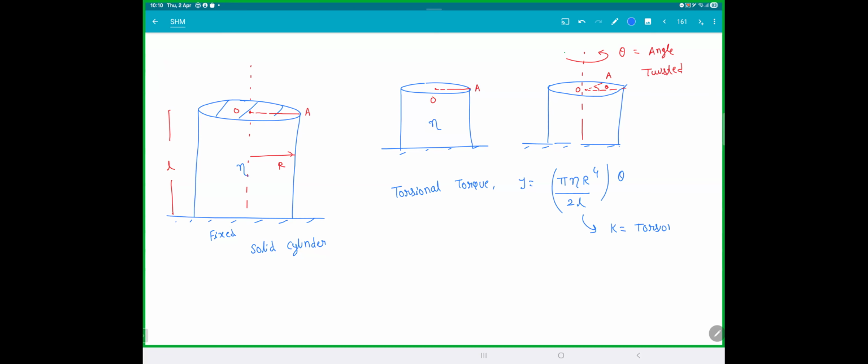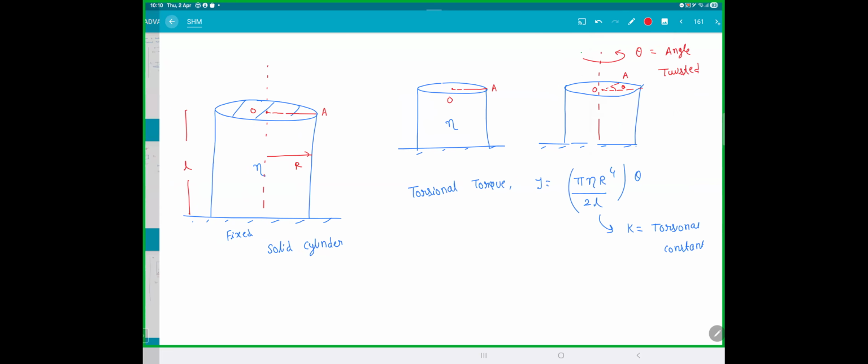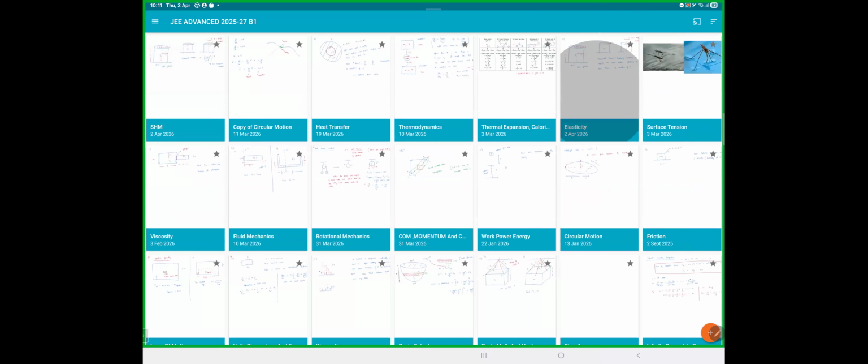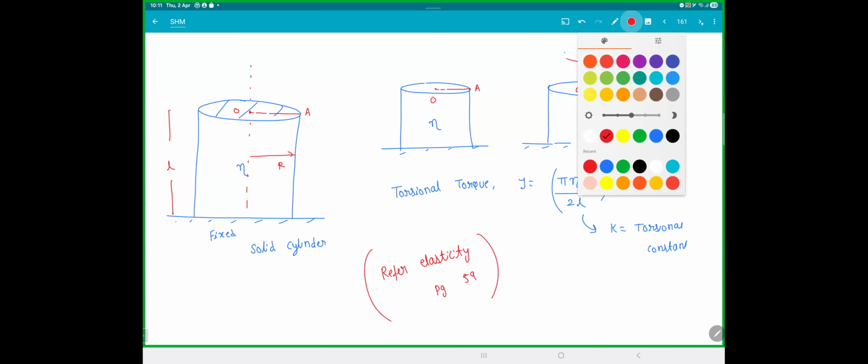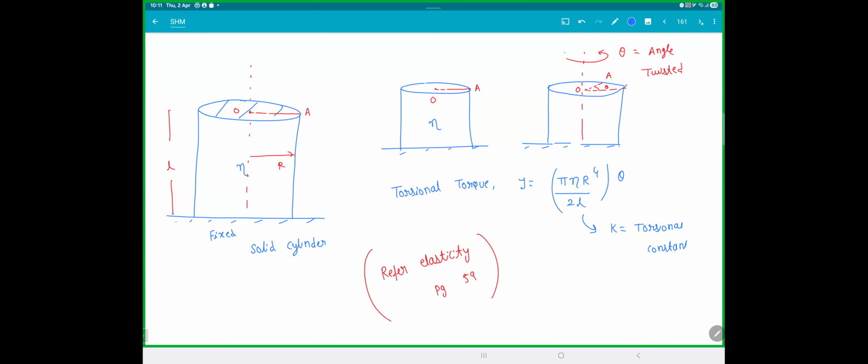That's the reason it becomes an advanced question. Refer elasticity, page 59. Clear? But for torsional constant, there are no questions as such. You give the value and you're done.